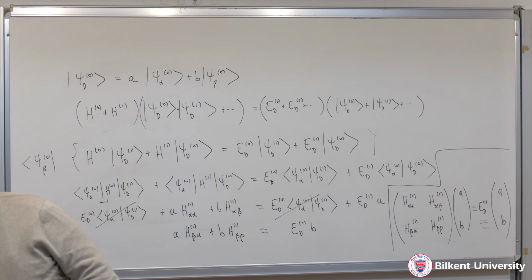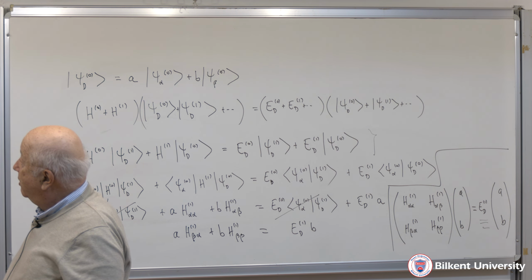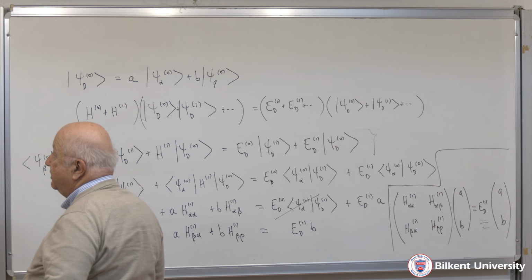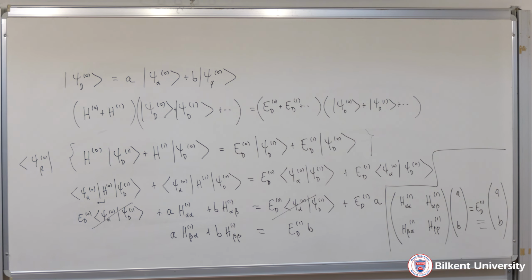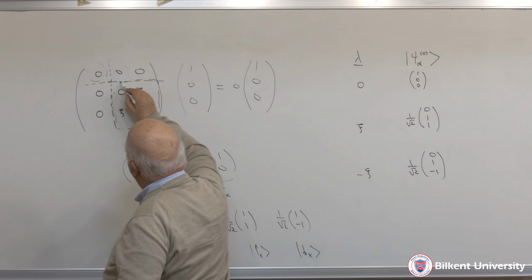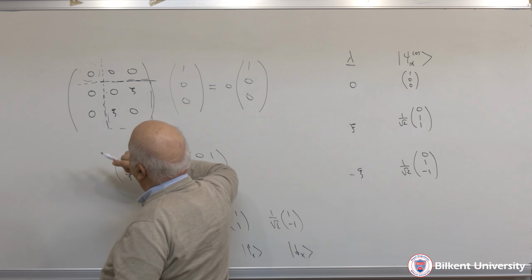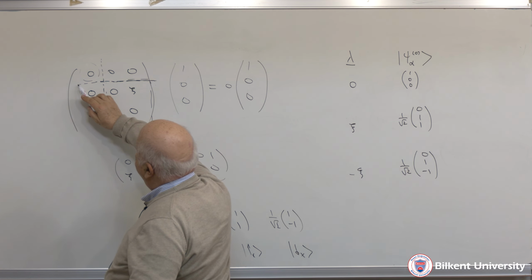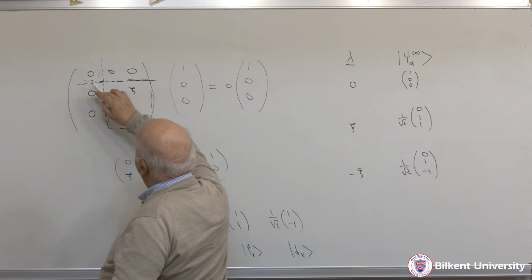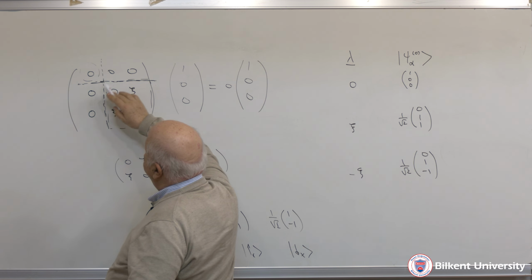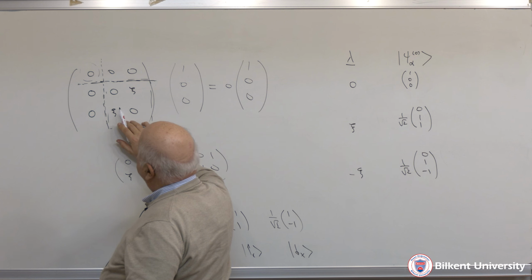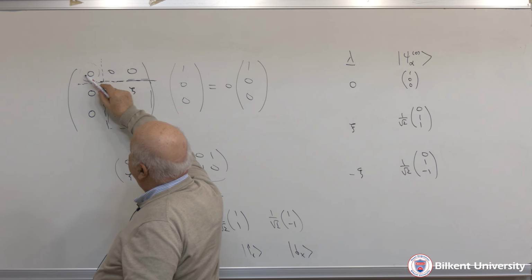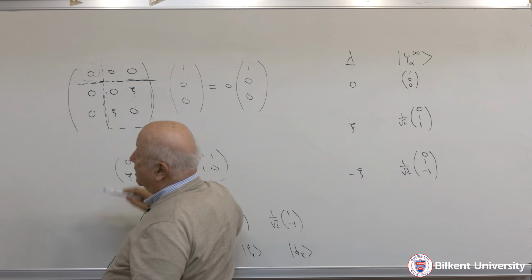Yes? Why do you divide the matrix into two pieces? The question is why do I recognize this block diagonal form. If I can put my matrix into this block diagonal form, the eigenvalues and eigenvectors are those of these blocks.